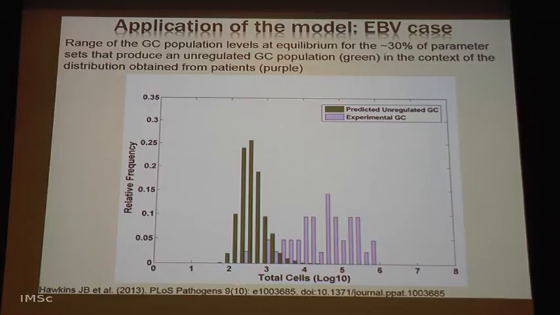So what we are probably seeing here are those patients in which the germinal center stage is regulated, and the ones here at the lower end are the ones that do not need to regulate that part. So we also found that it was an interesting prediction from the model for the sizes of these populations.